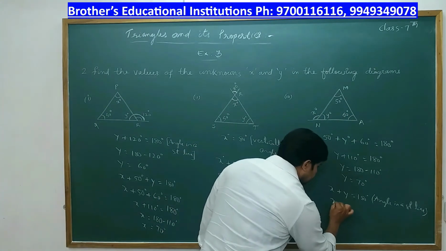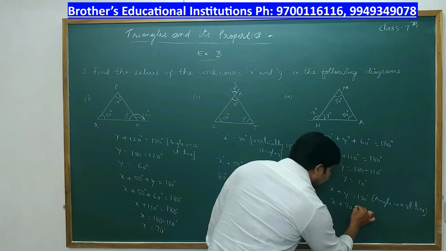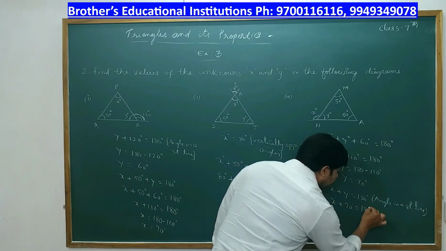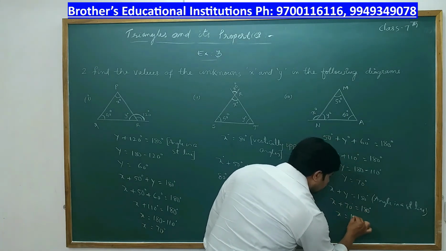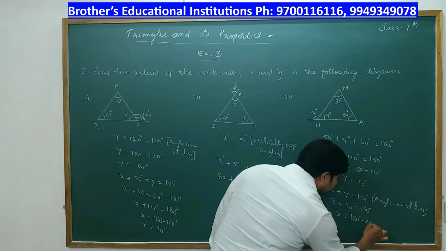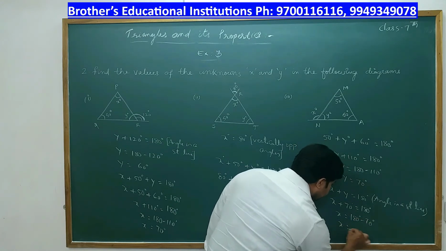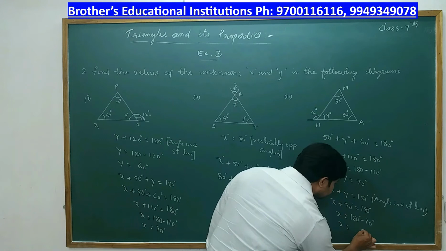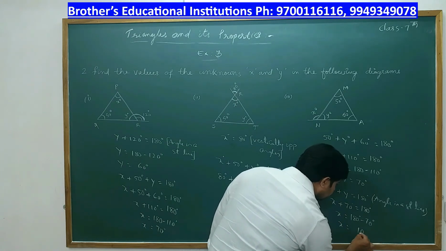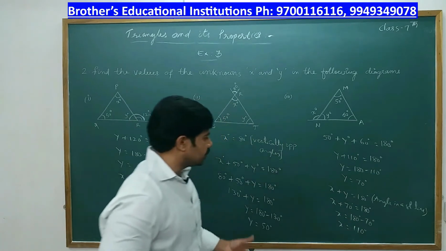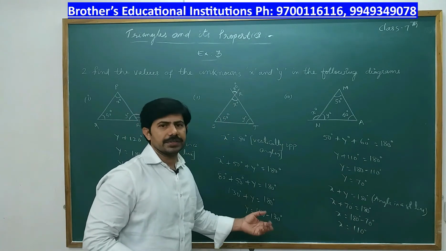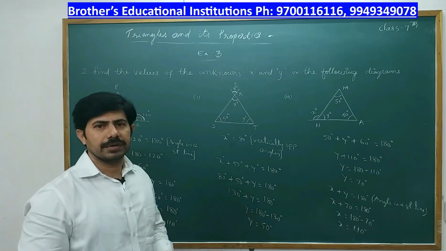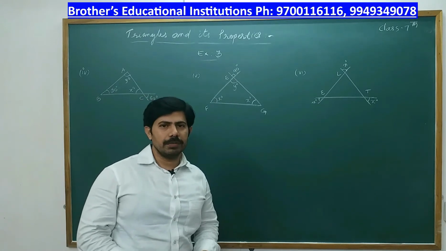So x plus 70 degrees is equal to 180 degrees. So x is equal to 180 degrees minus 70 degrees. So x is equal to 110 degrees. So x is 110, y is 70 degrees. This is completed. So next problem.